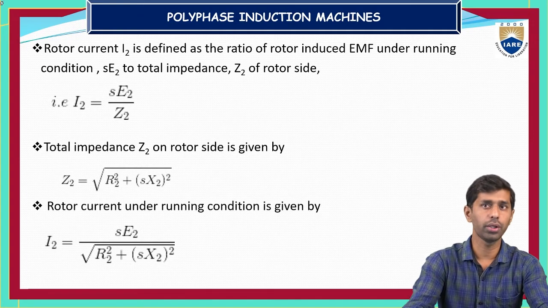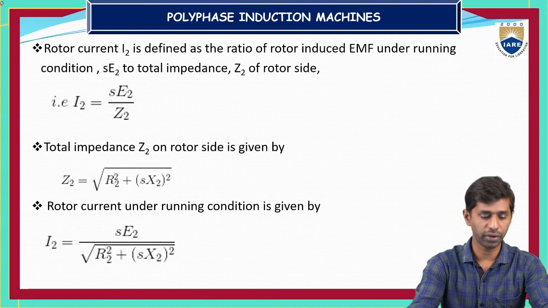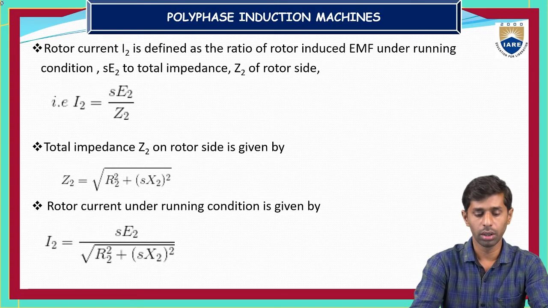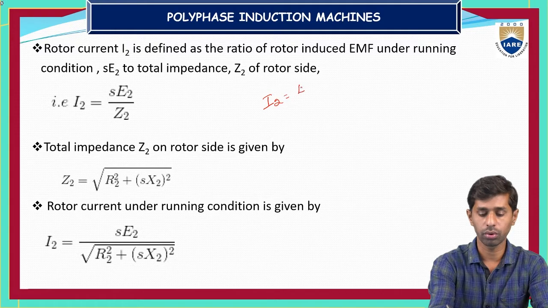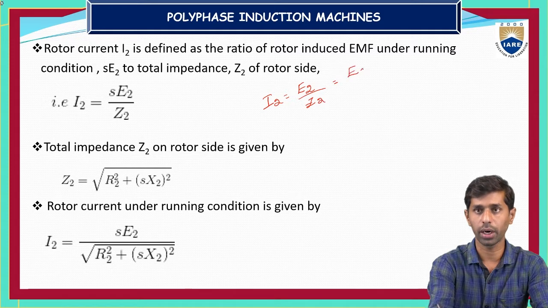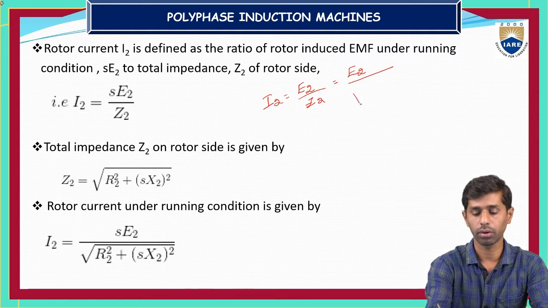Rotor current I2 is also defined as follows. Under stationary condition, at standstill, rotor current I2 equals E2, the rotor induced EMF, divided by the impedance of the rotor Z2, which equals E2 by square root of R2 square plus X2 square.